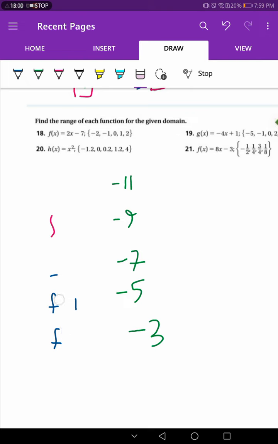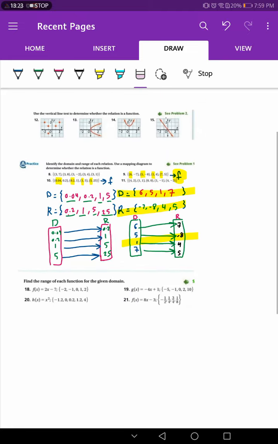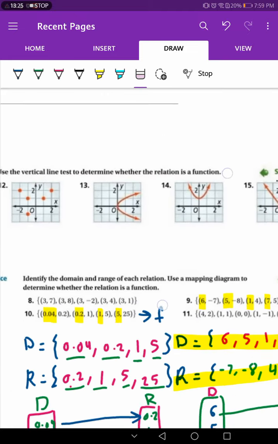Is negative 11, negative 9, and negative 7, negative 5, and negative 3. Okay, now we finish from this part. It is enough. You just replace each value of a domain in the function, and you will get one element of the range. Now let us take the last part here.